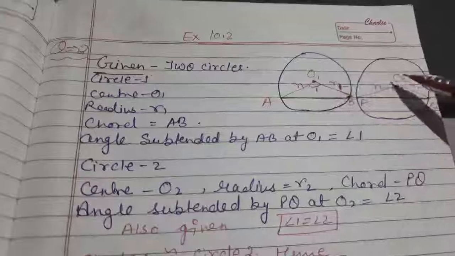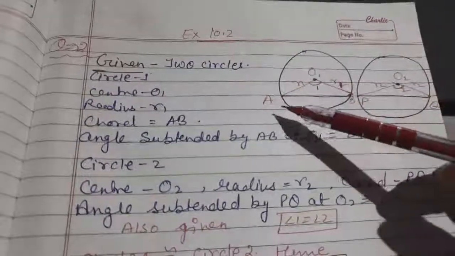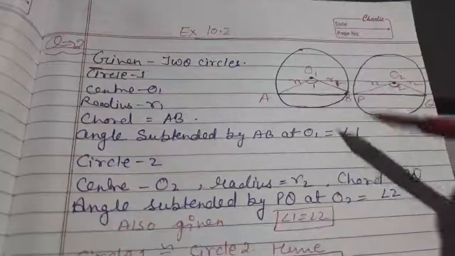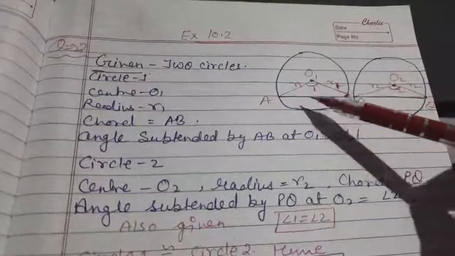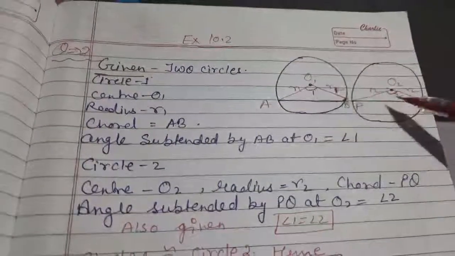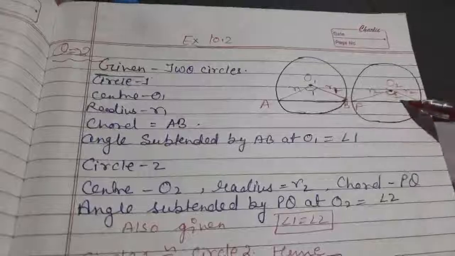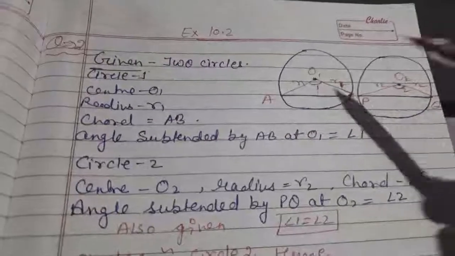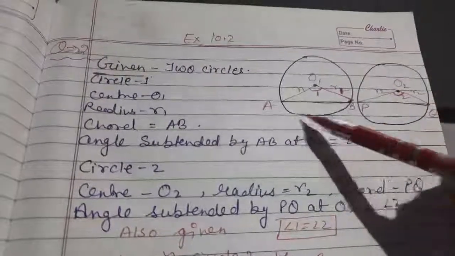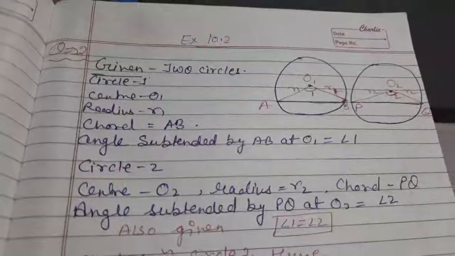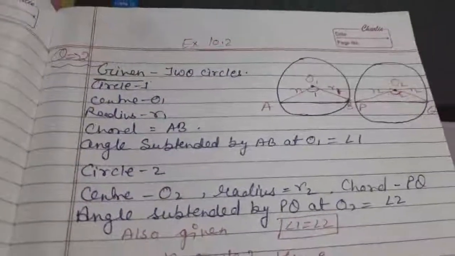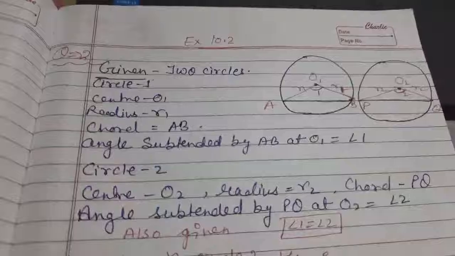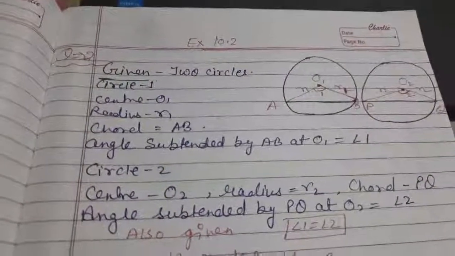The centers are O1 and O2. We have two chords, AB and PQ. It is given that these two chords subtend equal angles at the centers of the circles, and the circles are congruent. So we have to prove AB is equal to PQ, that is, that the chords are equal in this case. This question is the converse of question number 1.